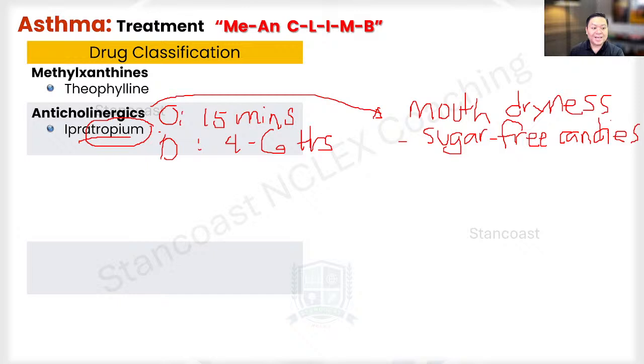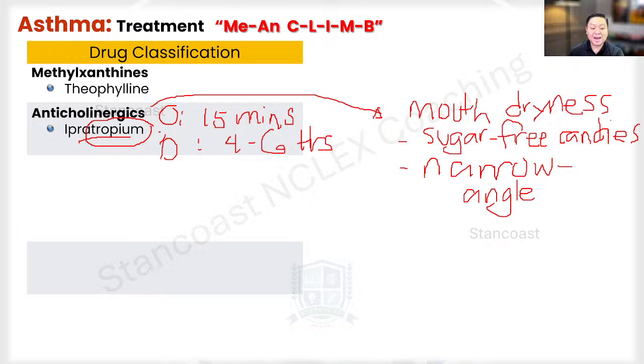Now, another thing is you got to be careful with this medication, especially if the patient has narrow angle closure glaucoma. Okay, this is another important check that you should be doing. Make sure that you are asking the patient about their medical history.